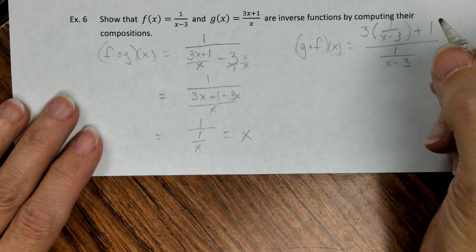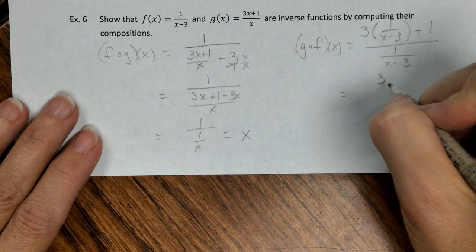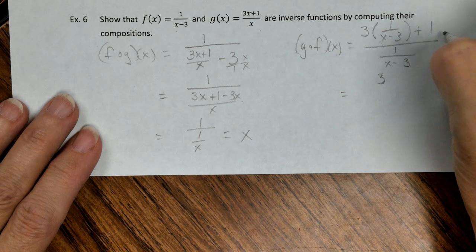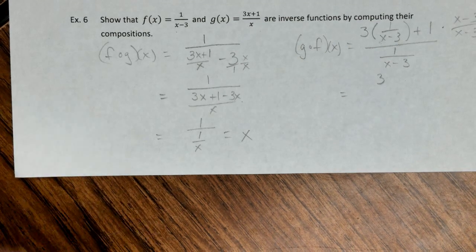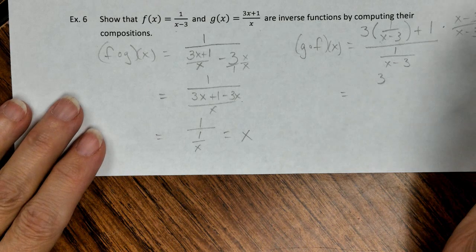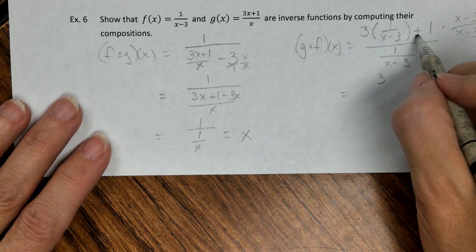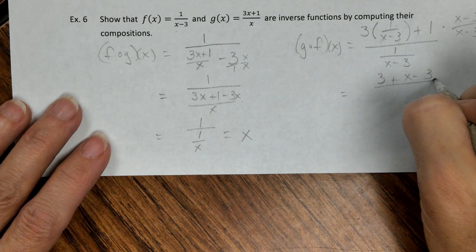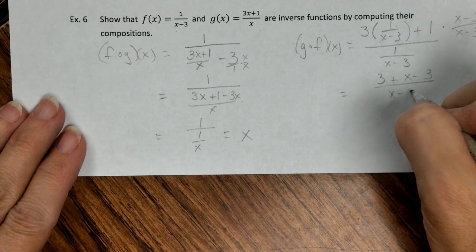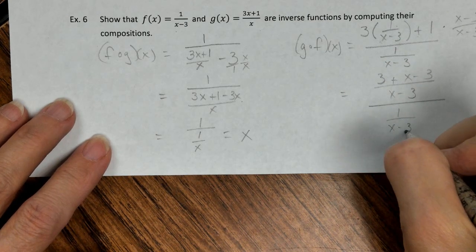Actually, before I multiply, I'm going to multiply x minus 3 over x minus 3 times that one. Okay, so now I have 3 plus x minus 3 all over x minus 3 over 1 over x minus 3.